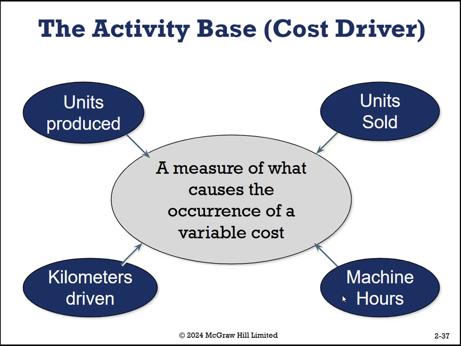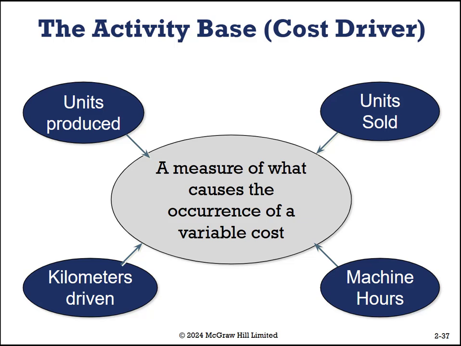If there was a lot of energy being used, maybe it's energy per square foot, because the more square feet, the more energy is being used. So really just look at what is making this cost go up or down. Where variable costs go up, the amount of activity goes up, and the cost per unit remains the same.